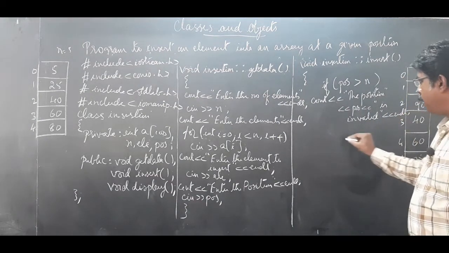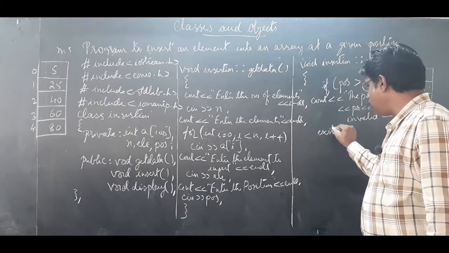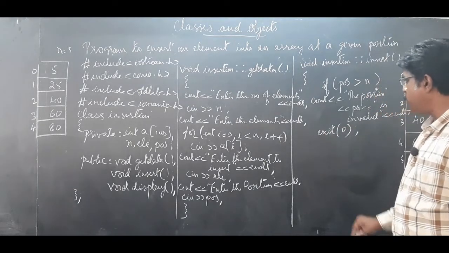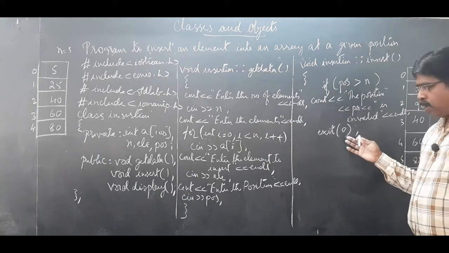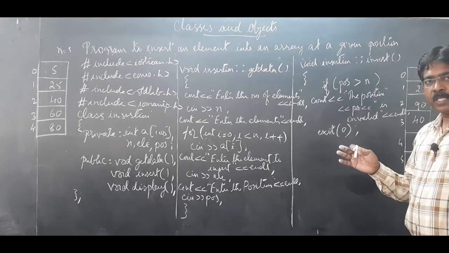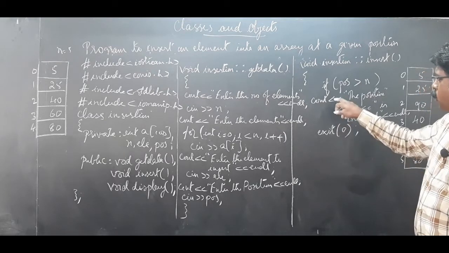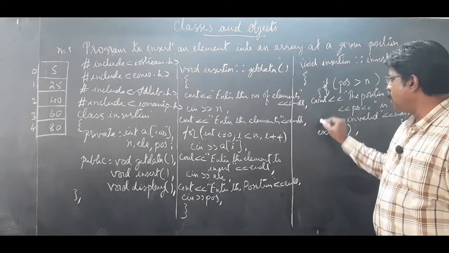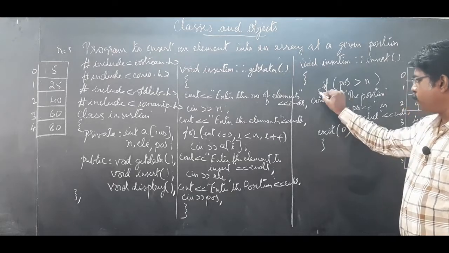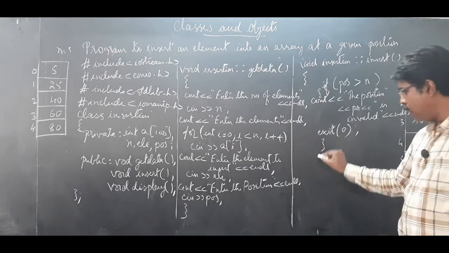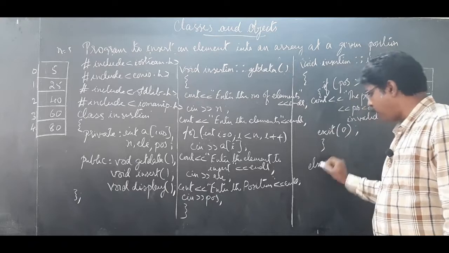Then I take exit of 0. Here the control comes out of the program, that is, it stops the execution. These two statements are incorporated in the if, so I need to use flower brackets for this. Open a flower bracket and close the flower bracket, then we will write the else part.